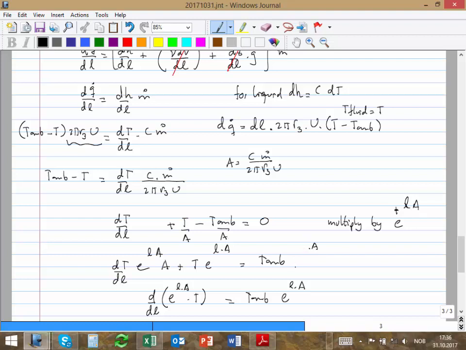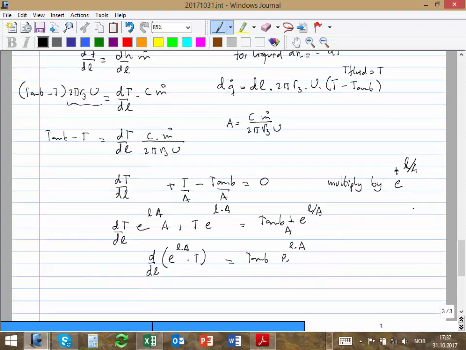Okay, and this one will be 1 over A e to the L, and now I'm going to multiply by L over A. Sorry, but I forgot exactly how the derivation goes. Okay, does it make sense now?